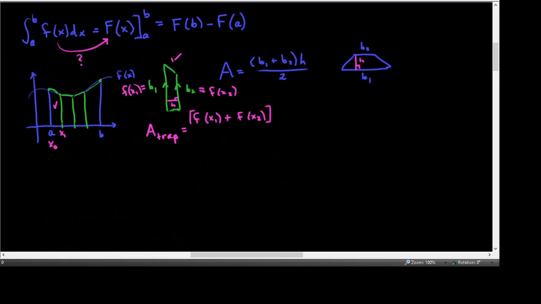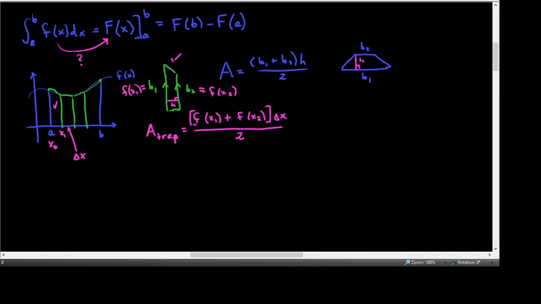Then we'll multiply that sum by the height of the trapezoid. The height, by the way, is our old friend delta x, all divided by 2. And that's always a 2 in this formula. Okay, so that's the area of one trapezoid.